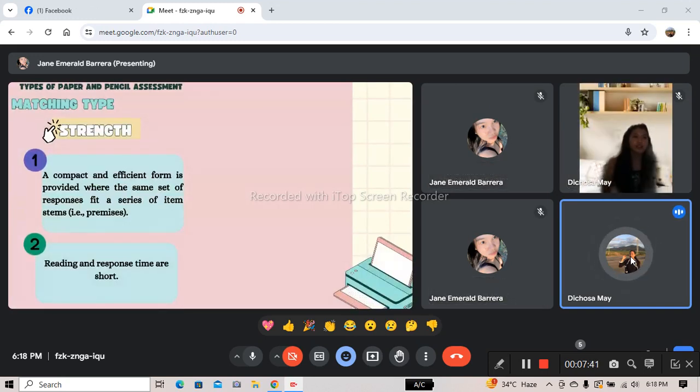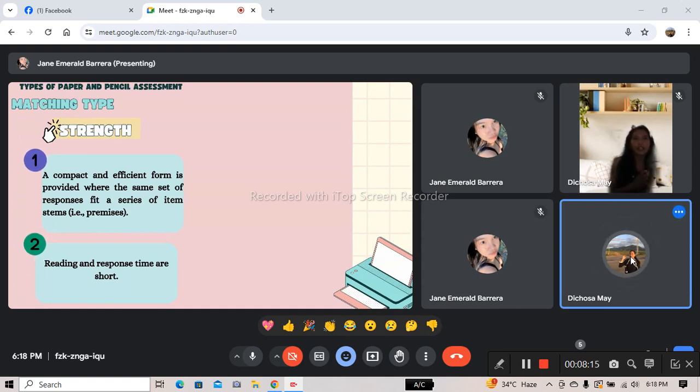Second, reading and response time are short. That means it helps the teachers or the instructor to make test papers easily if the teachers are busy. The matching type of test is very easy to make, and the reading and response time are short.